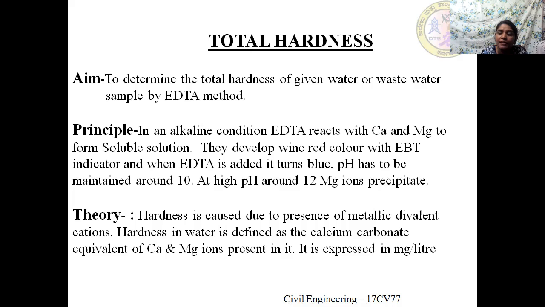When it lies between 75 to 200 mg per liter, we say the water is moderately hard. When it lies between 200 to 600, we say it is hard. And when it is greater than 600 mg per liter, we say water is very hard. So these are the prescribed ranges of hardness for given water.